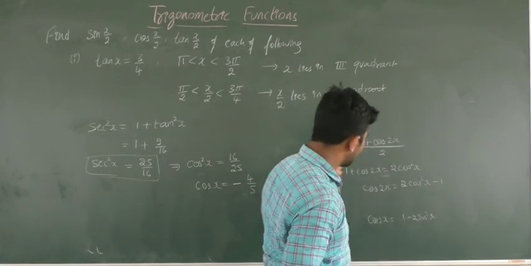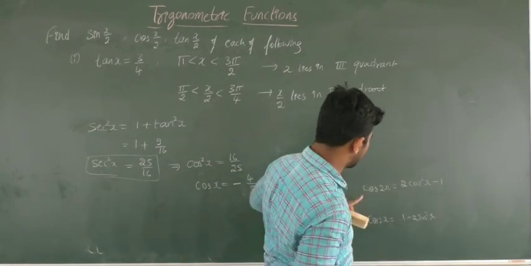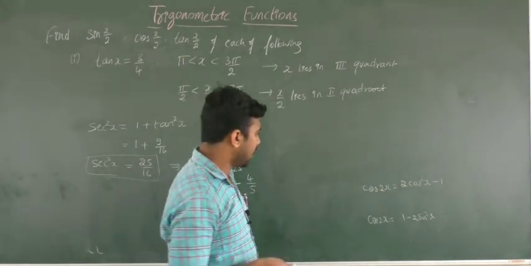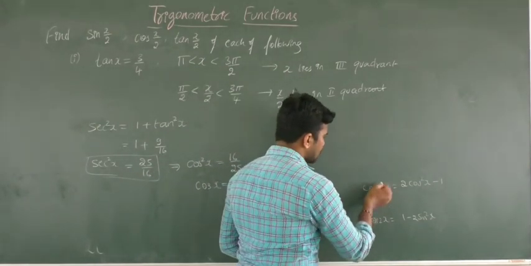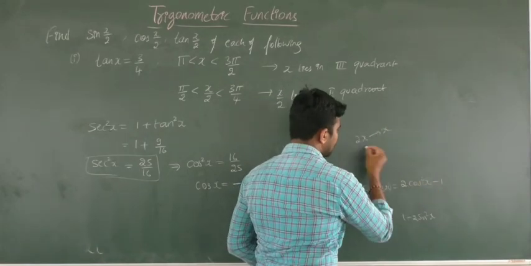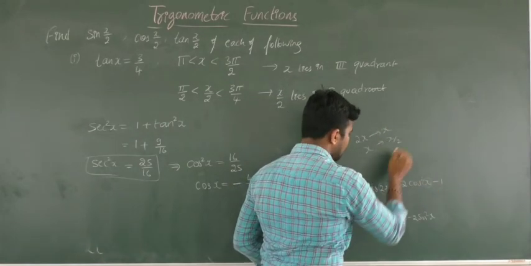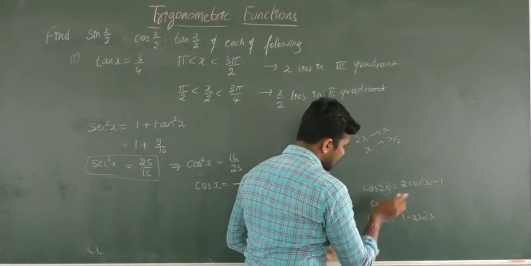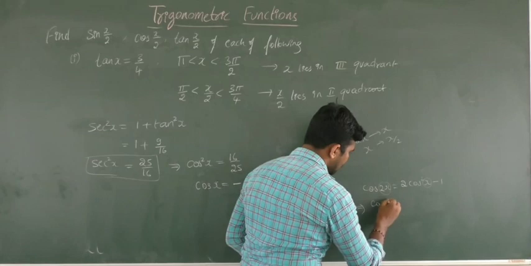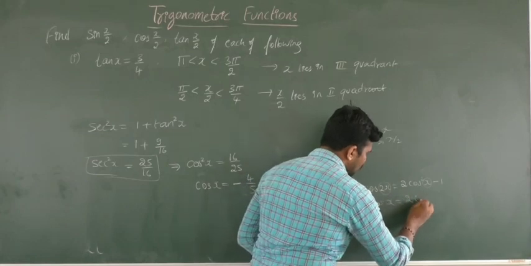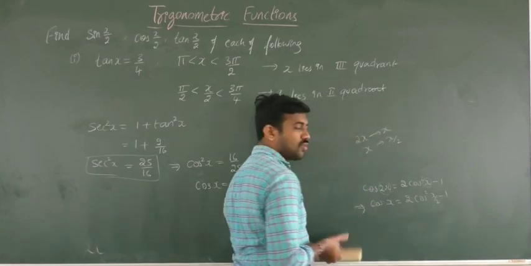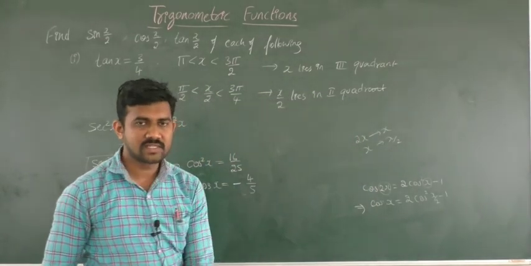So here I'll use the formula cos 2x is equal to 2 cos square x minus 1, and if you replace 2x as x, then x becomes x by 2. Using the above formula, cos x is nothing but 2 cos square x by 2 minus 1, isn't it?